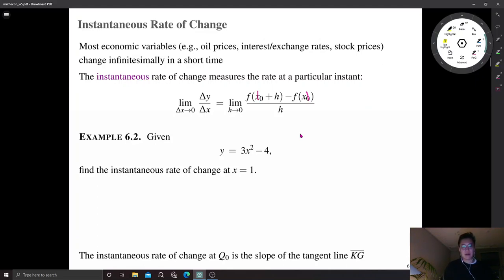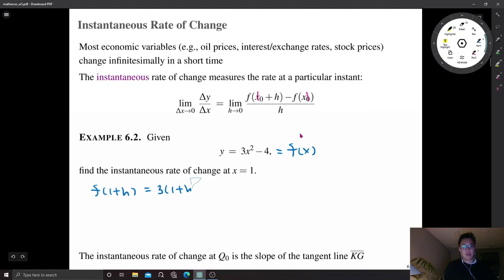If we take this function f of x, then f of 1 plus h is 3 times (1 plus h) squared minus 4. If I expand 1 plus h squared, I get 3 plus 6h plus 3h squared. Take away 4, then I get 6h plus 3h squared minus 1.